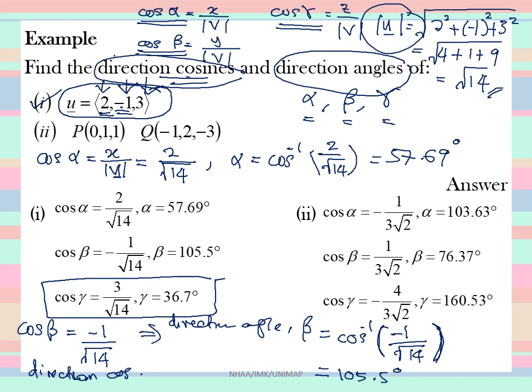Okay, right. For the second example, you were given 2 points. Look at carefully. This is just a point P and point Q. So you know what you need to do. Let us consider that you need to find vector PQ.